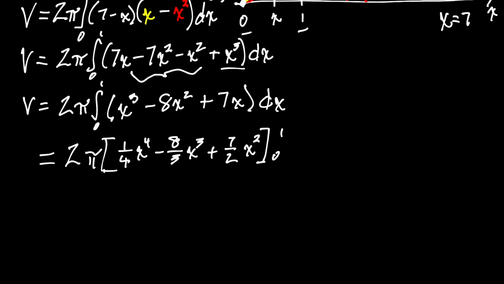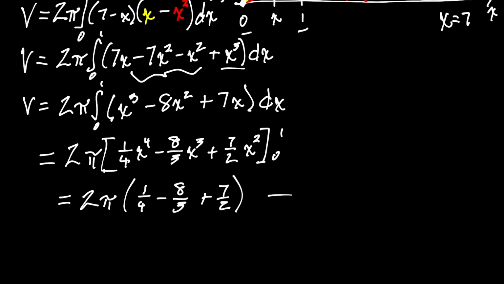So I like the 0 here because 0 minus 0 plus 0, so I don't even have to worry about that piece. So let's go ahead and substitute the 1 in place of all the x's. So easy enough. 2 pi would be 1/4 minus 8/3 plus 7/2.